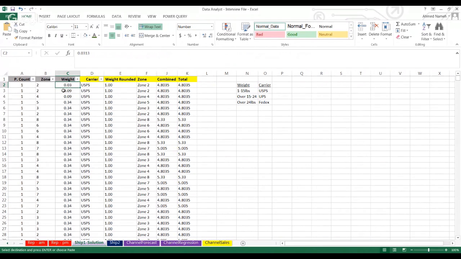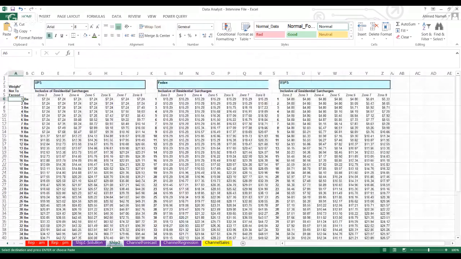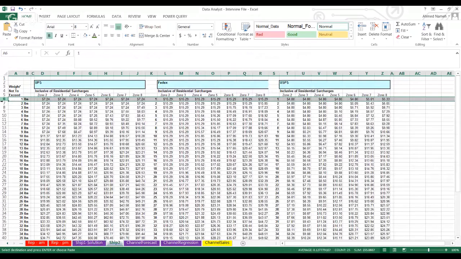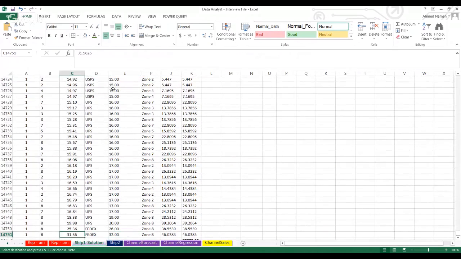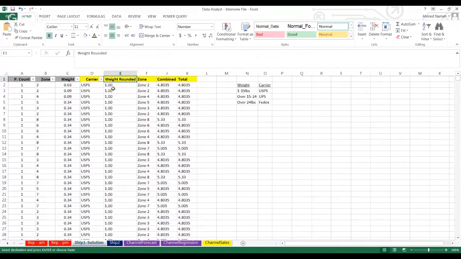While this shipment is 0.03 pounds, it would fall under the 1 pound category. And for that reason, I had to round up each and every single weight. So if you go all the way down, 31.56 went to 32, 25.36 went to 26, and so on and so forth.